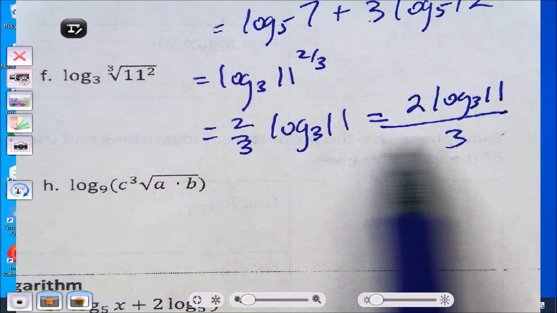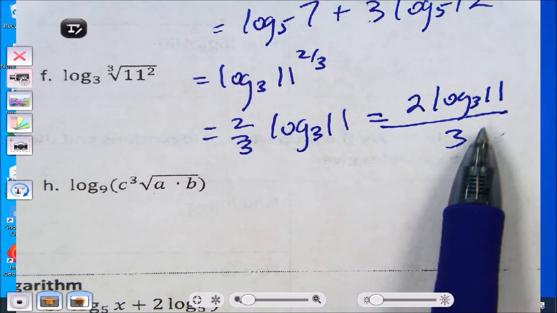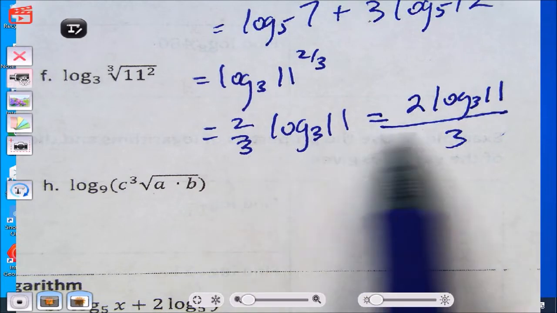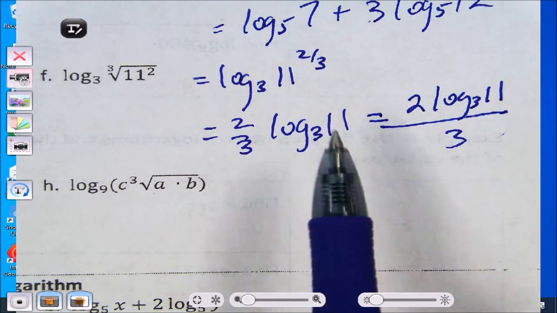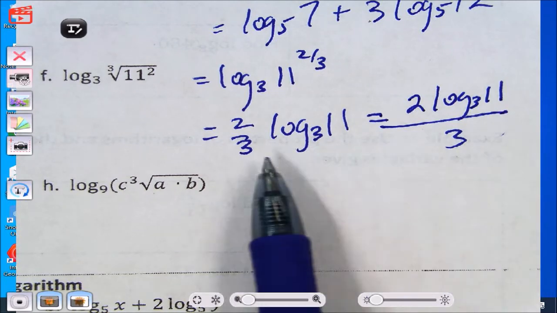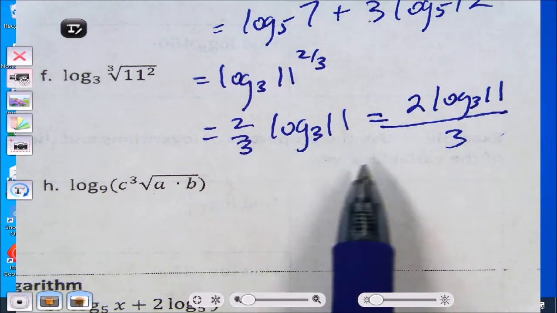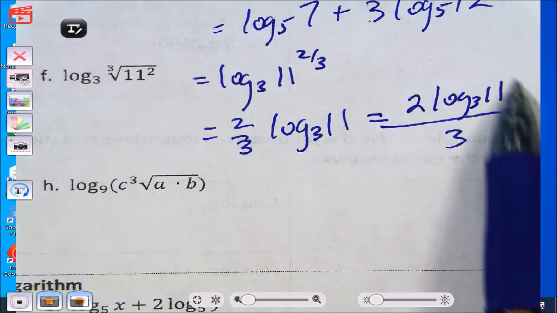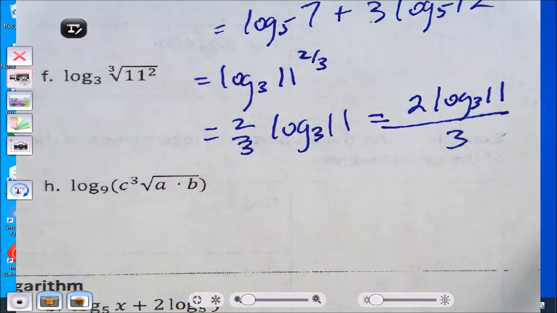Some people like this way. Both of them are correct. You don't lose points for one or the other. They're equivalent. But the computer can only think this way.